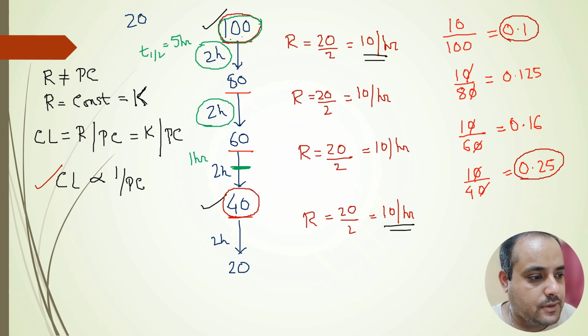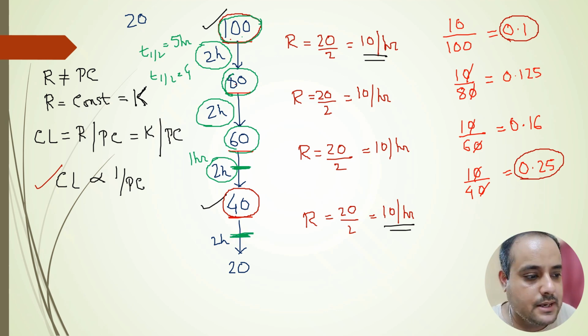Now see in this case what is happening when I'm starting with 80. For T half I have to go from 80 to 40, and I have reached 80 to 40 in 2 hours and 2 hours more. So for 80 the T half is 4 hours. Again, if I have to go from 60, then 30 will be somewhere around here.